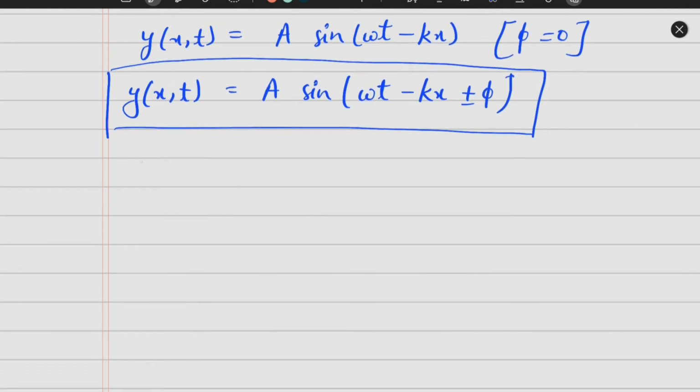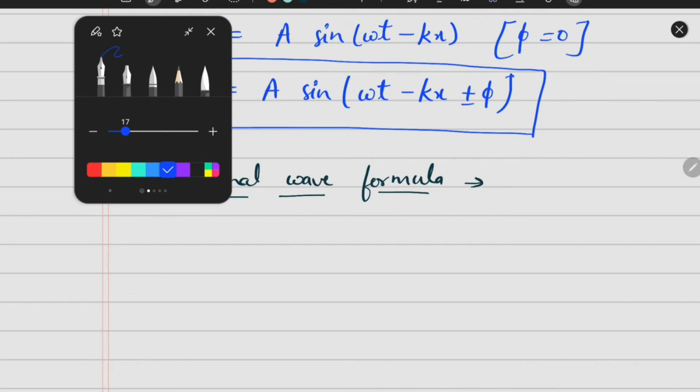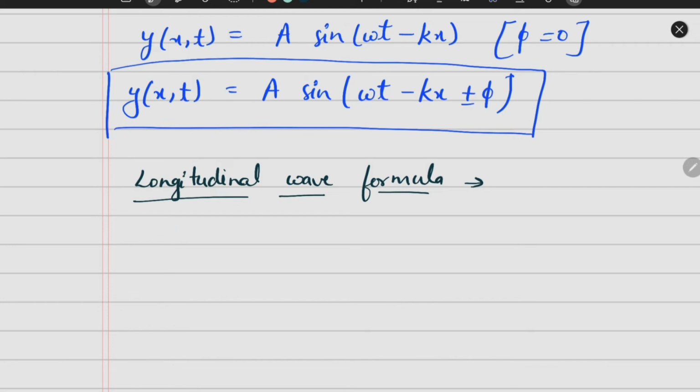Like y(x,t) is equal to A cos(omega t minus omega x upon c).